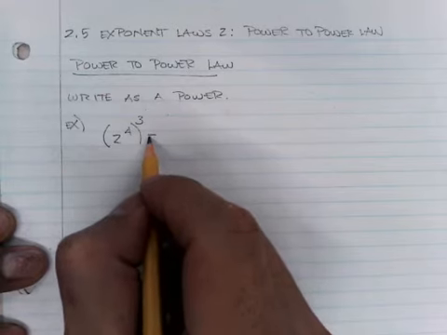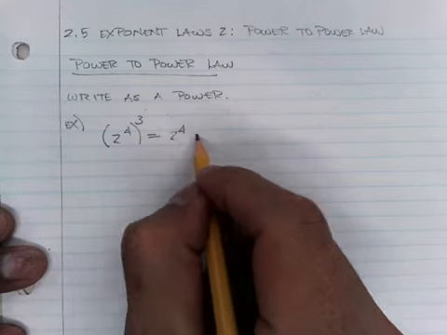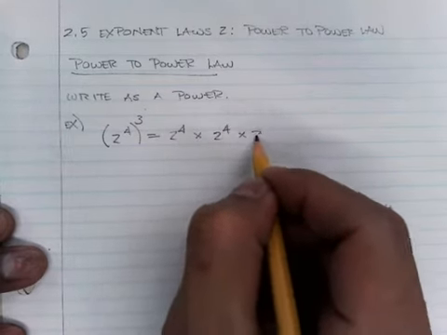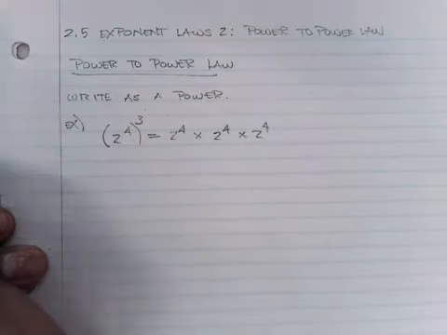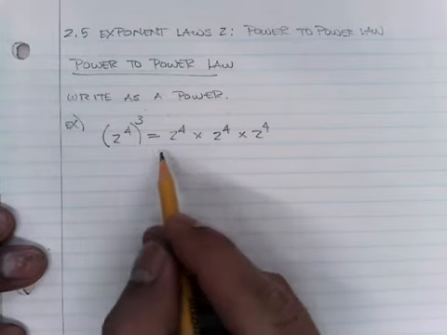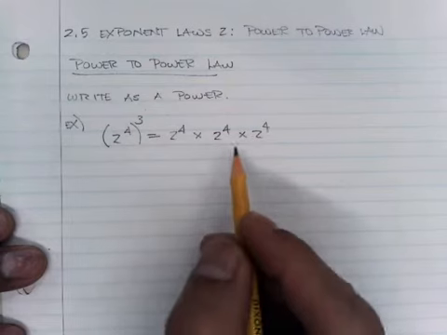Well, if our base is 2 to the 4, then we take 2 to the 4 and multiply it to itself 3 times, like so. There's our repeated multiplication of our base 2 to the 4, because the exponent is 3, so multiply it to itself 3 times.